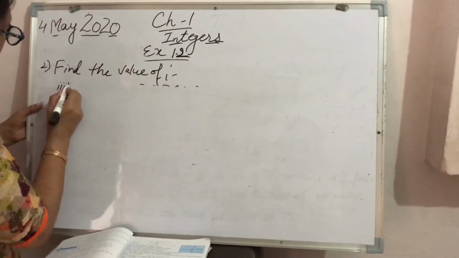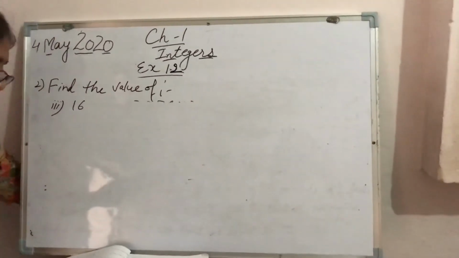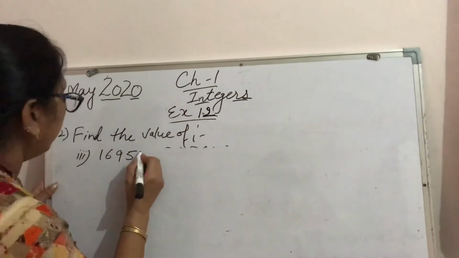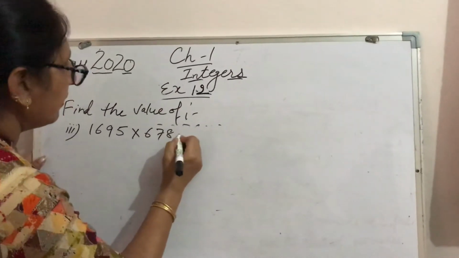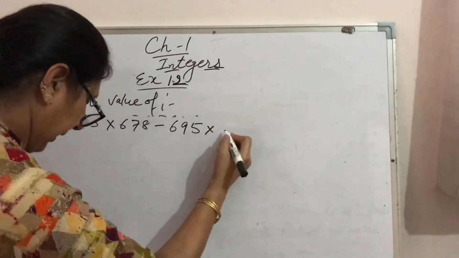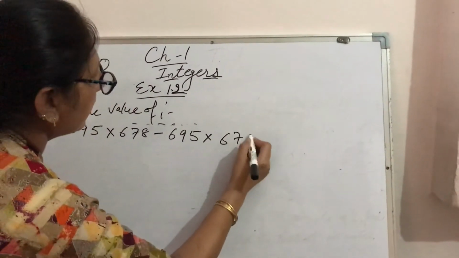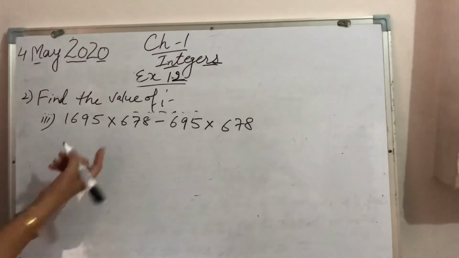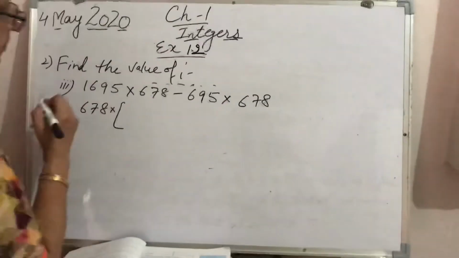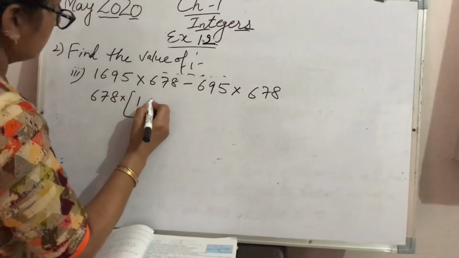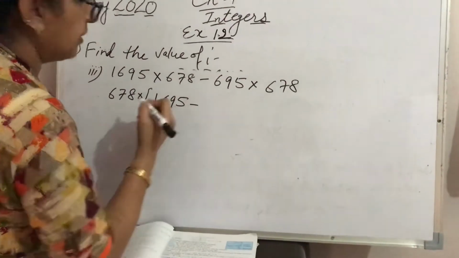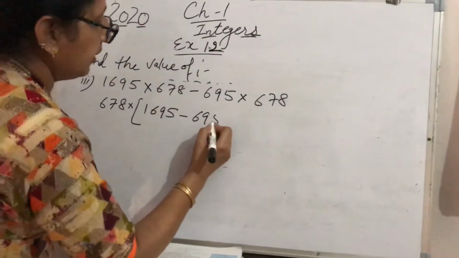The third part is the same kind of question, just this is the distributive property under subtraction. 678 multiplied by 1695 minus 695 multiplied by 678. Again by the distributive property, because we have the repeated number 678, this number we can take common. We have left 1695 and now negative 695.